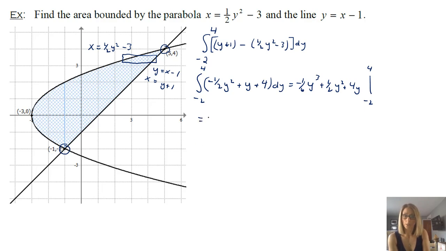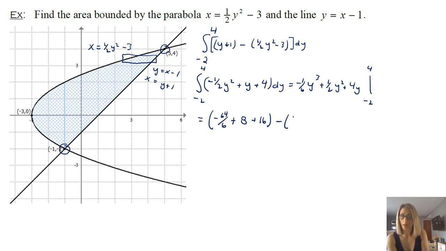At this point, I'll have a negative 1/6, and in my numerator I'll have 4 cubed, which is 64. So negative 64 over 6, plus 16, because when I put in 4, 16 divided by 2 is 8, plus 4 times 4, 16, minus what happens when we put in a negative 2.